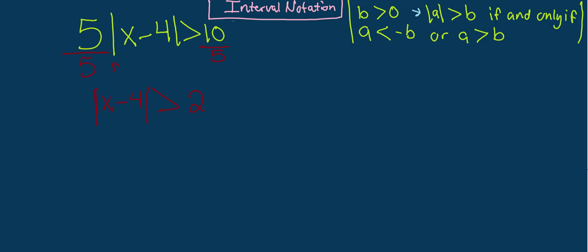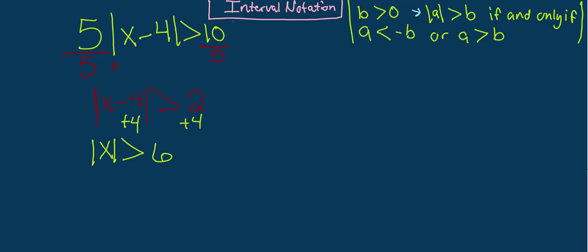Okay, we can go back to green so you can get a better look. After you do that, you're going to add 4 to both sides, and you're going to end up with x is greater than 6. But you're not done yet. Why?